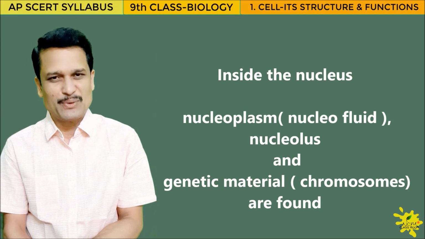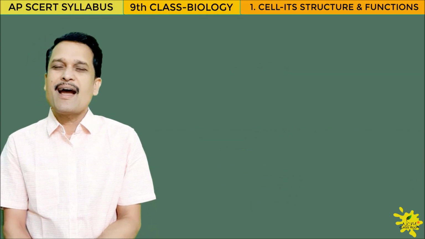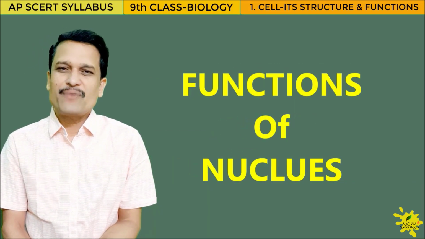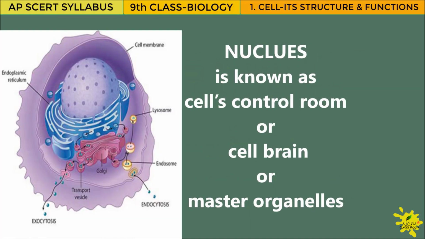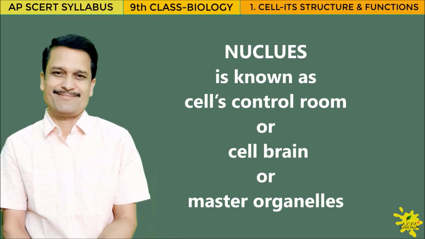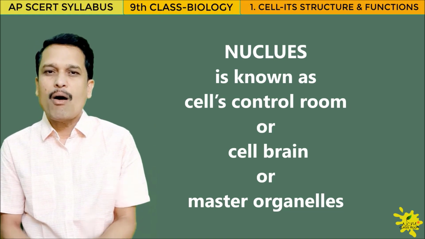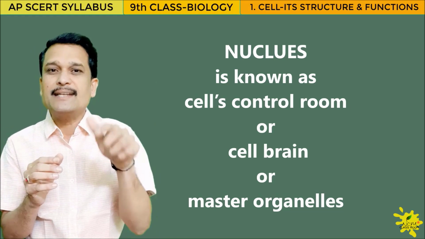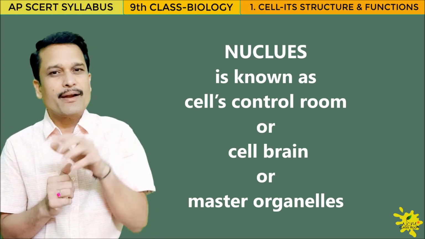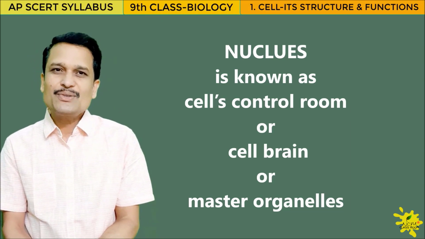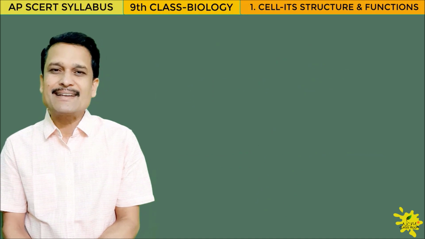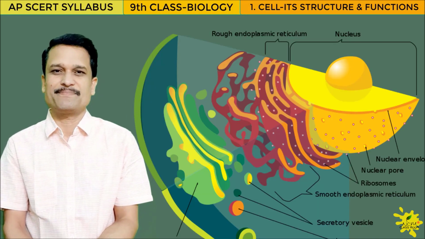Genetic material in the form of chromatin or chromosomes is also found inside the nucleus. And coming to the functions, the nucleus is known as the cell's control room or cell brain, or also called the master organelle of the cell, because all the activities inside the cell are under the control of the nucleus. It also determines the characteristics of the organism.